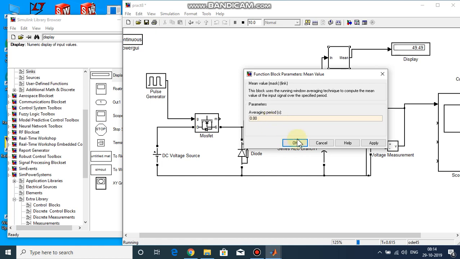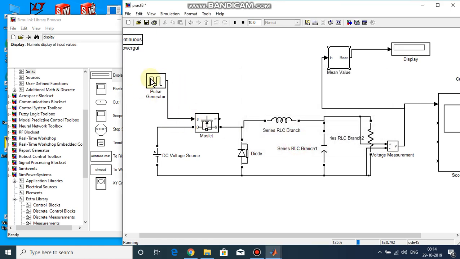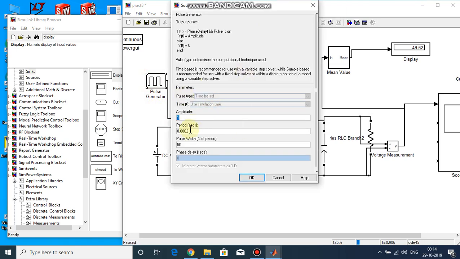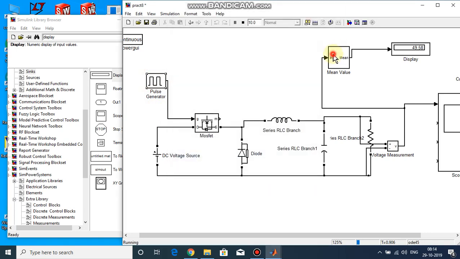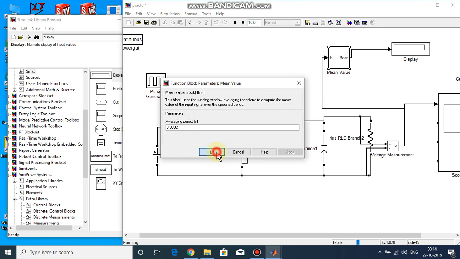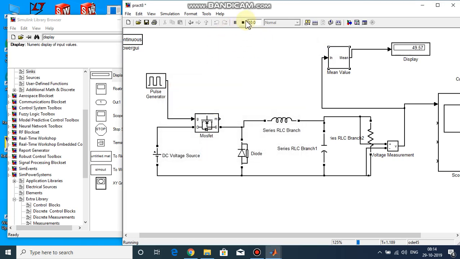Our averaging period would be 0.0002, if I'm right. Okay, so now we are getting a fairly constant output voltage of around 49.5 volts, and that is the expected value of our output voltage.